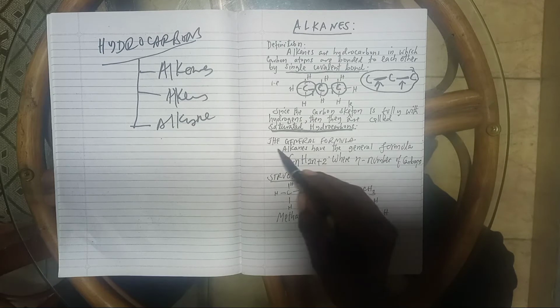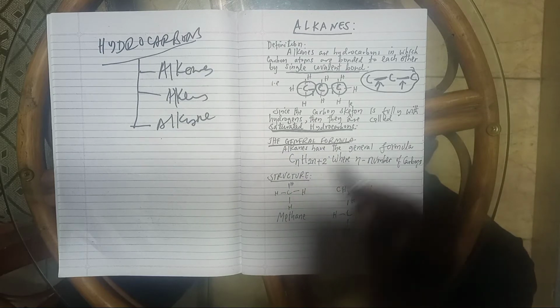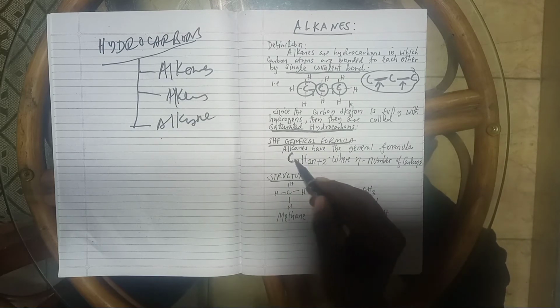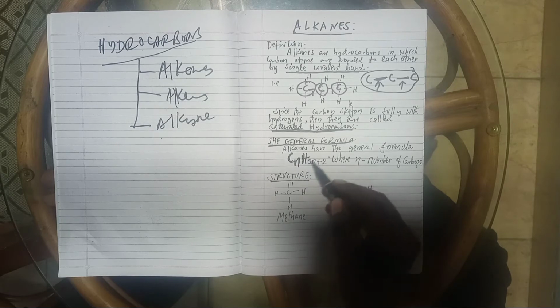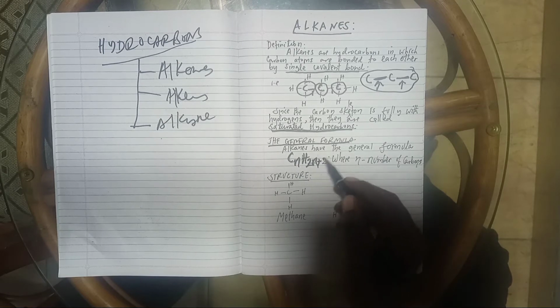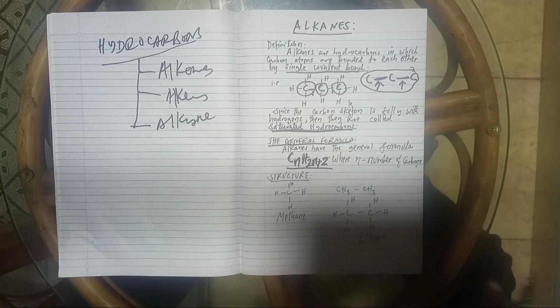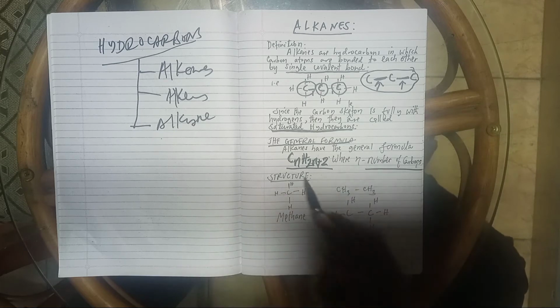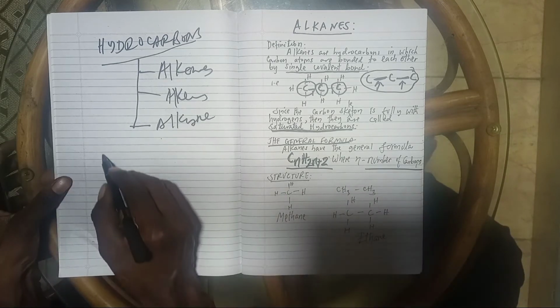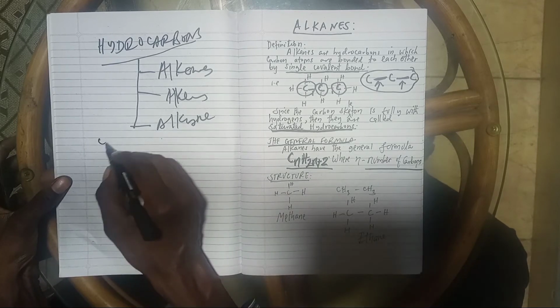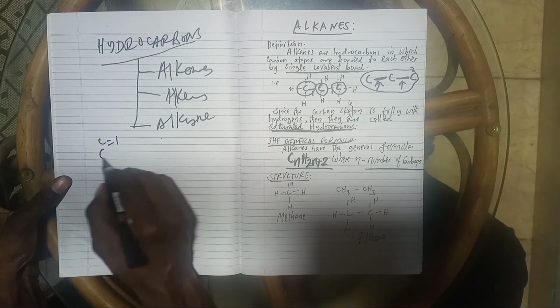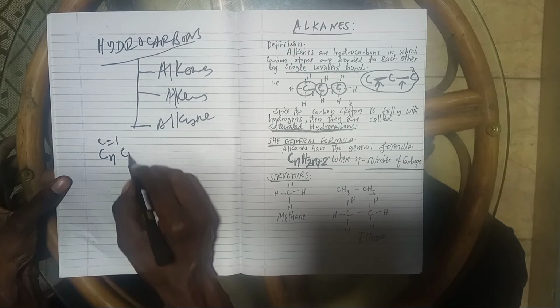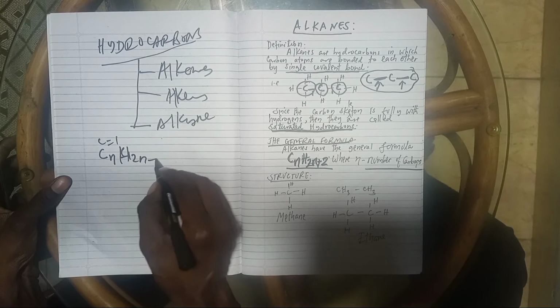And the general formula for this one is CnH2n+2. This is the general formula where n represents the number of carbons. If now you are talking about the carbon, for example, if the number of carbon is 1, that is C1, H is 2n plus 2.